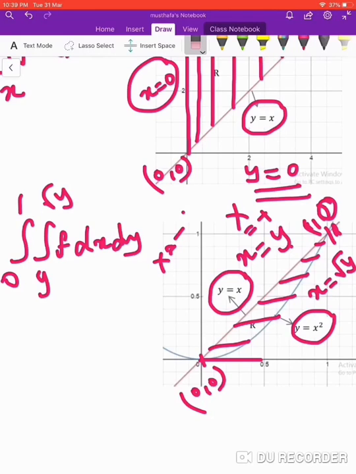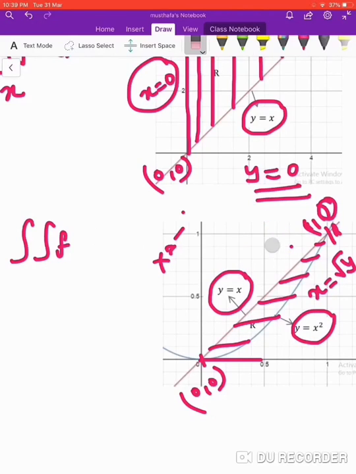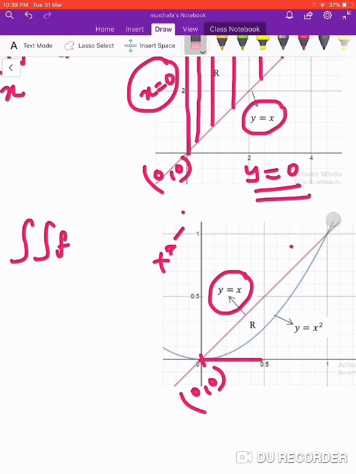Now let us see the same region, and what is the order for dy dx. So the order is dy dx.